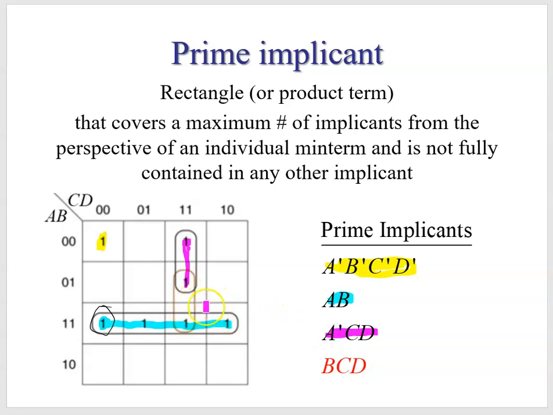Now if we pick this one, well, that also has a prime implicant. It has the prime implicant A prime CD, but it also has this prime implicant BCD. We probably won't need BCD in order to cover all the squares.